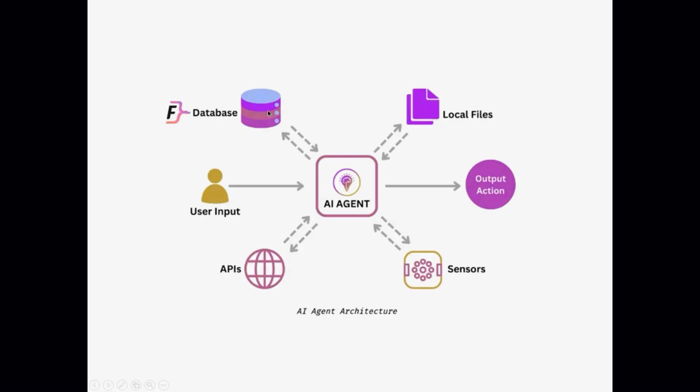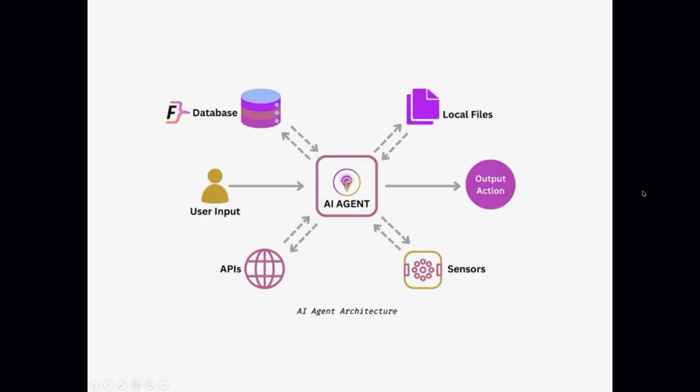So this is AI agent. See, it is calling database, it's calling local file system, it's calling APIs, it's calling sensors. I mean, you can think about anything you can call, as long as LLM can understand the output and LLM knows how to call that particular tool or component, it will invoke it and it will get the response back, and then it decides what to do, and then it will keep doing that until it arrives at your output.